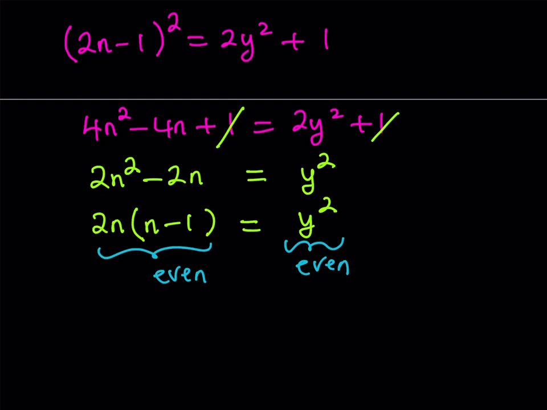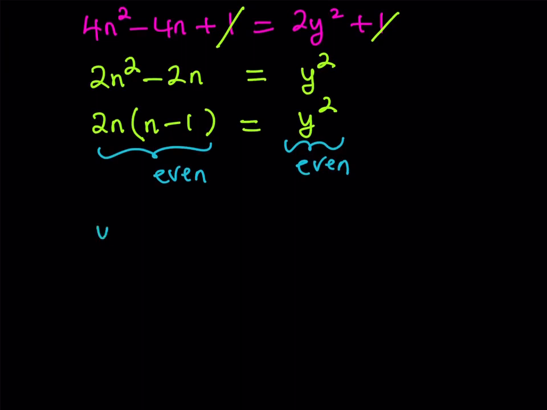But remember that x and y are prime numbers. Since they're prime, the only even prime is 2. That's very unique, right? Okay, great. So y has to be 2. Obviously, y squared is even implies that y is even, right? And y has to be 2.